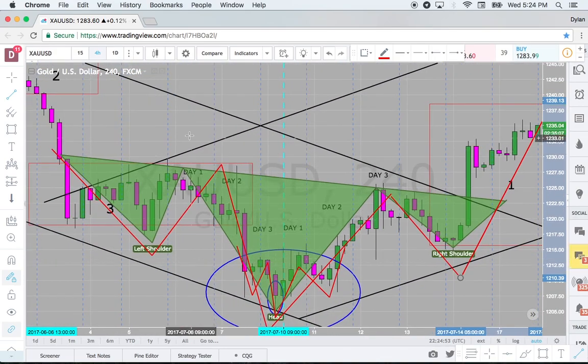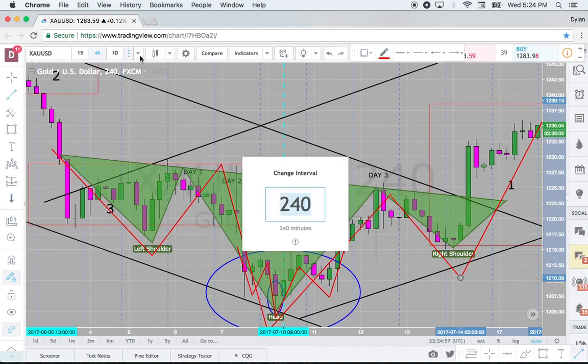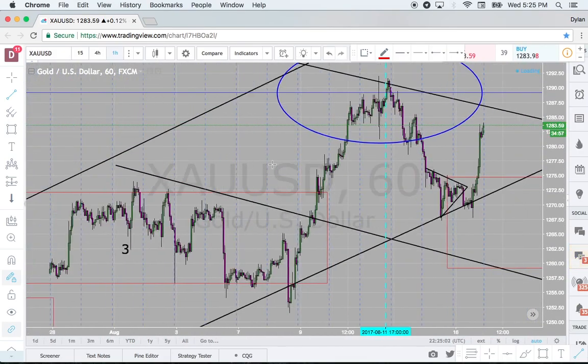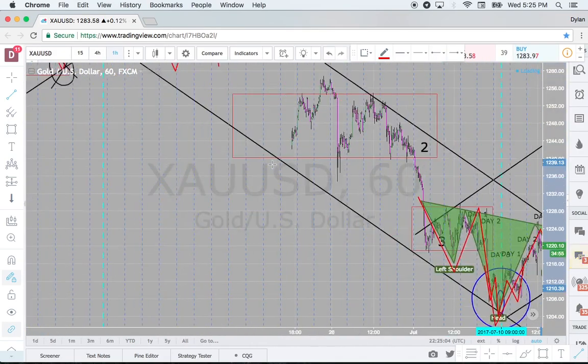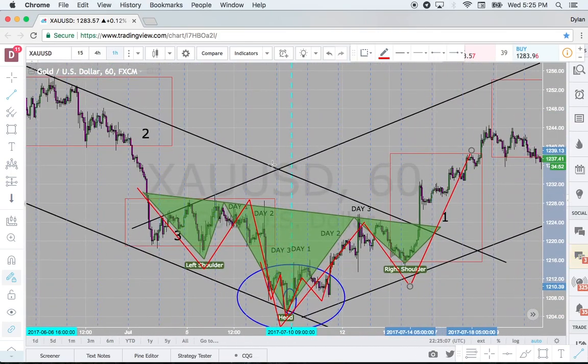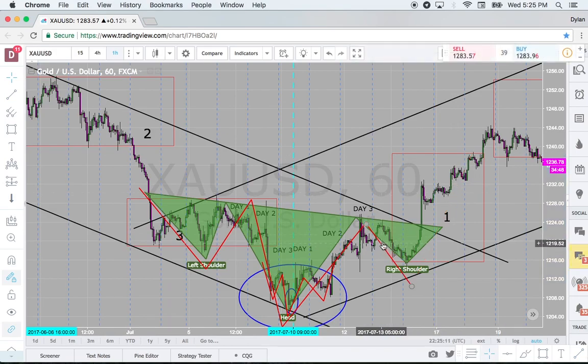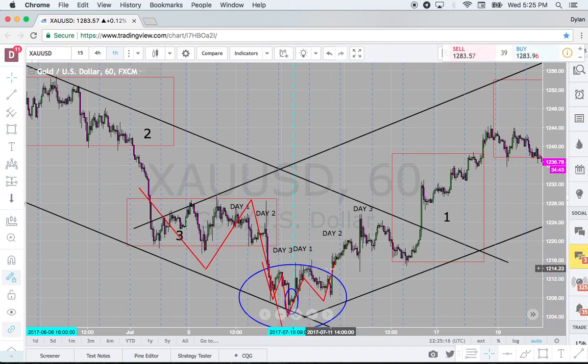So looking at this even a little more in depth, let's go on the 1 hour chart so you guys can see it. Remember I said there were 3-day swings. Alright, so here's level 3.